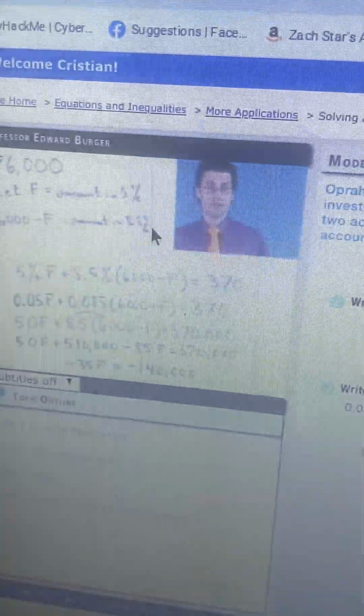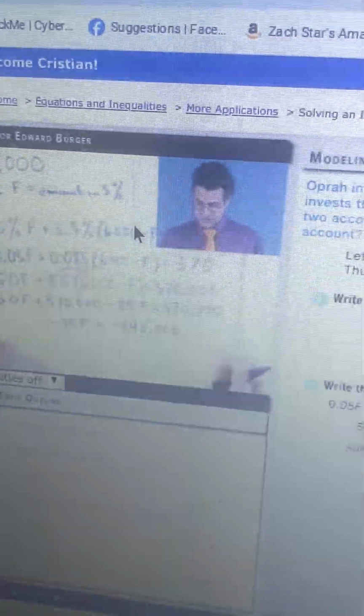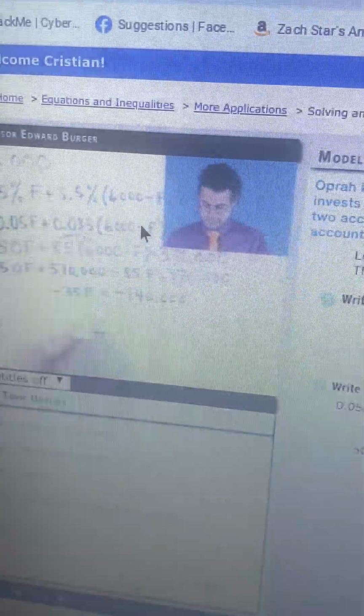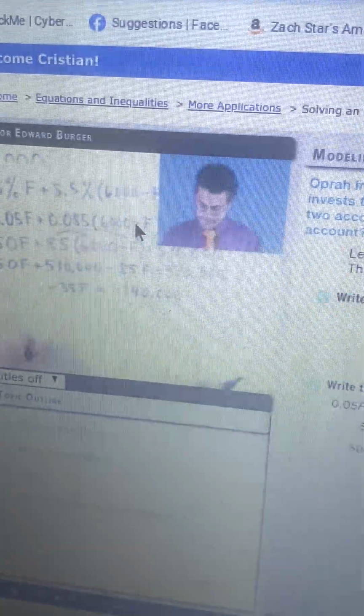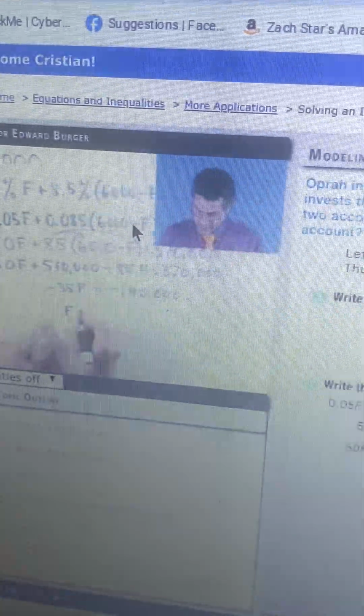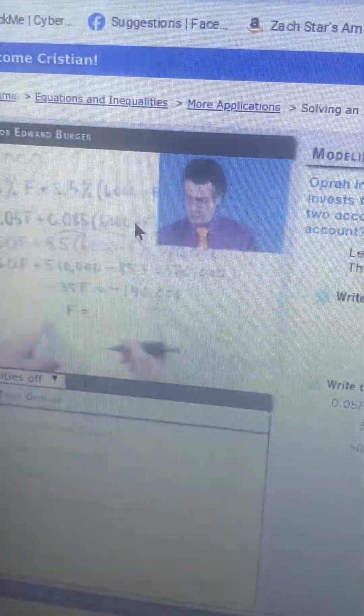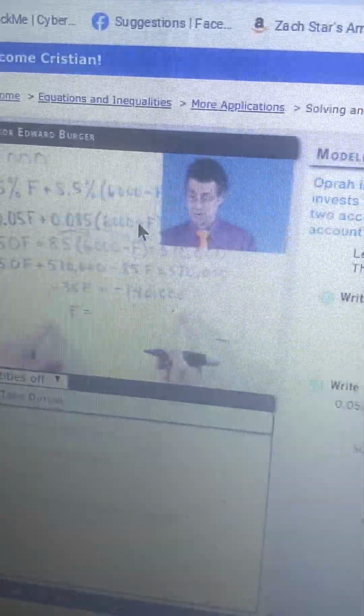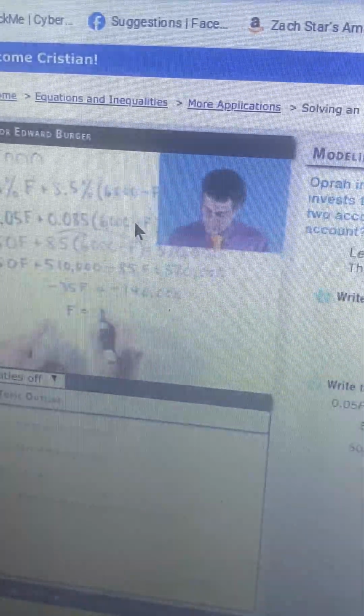And now all I have to do is just divide both sides by negative 35. And I see F equals negative 140,000 divided by negative 35. And what does that equal? It equals 4,000.